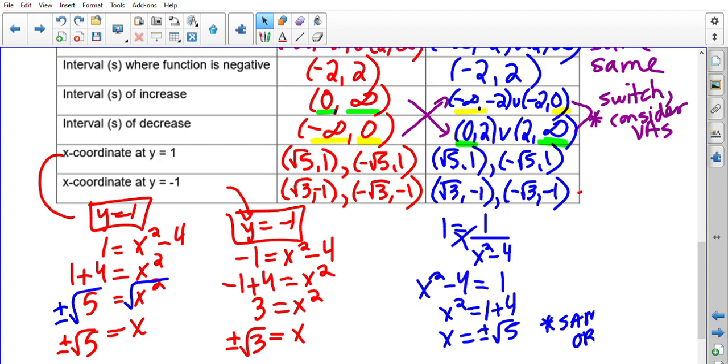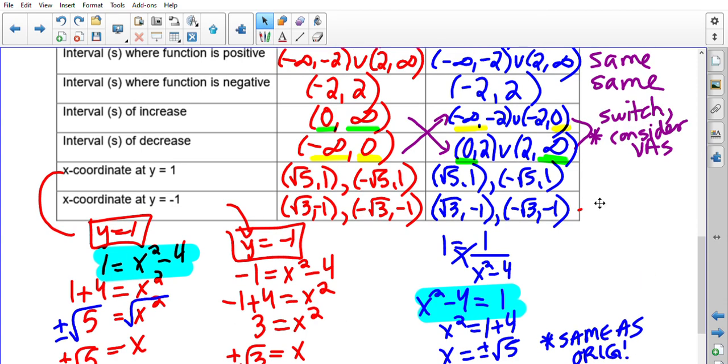And as you can see, that is just the same thing as when we started up over here at the original. So that's why you get the same answer. So these should be points of intersection right here. Okay, so POIs.